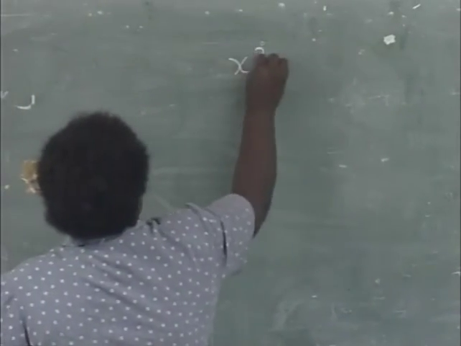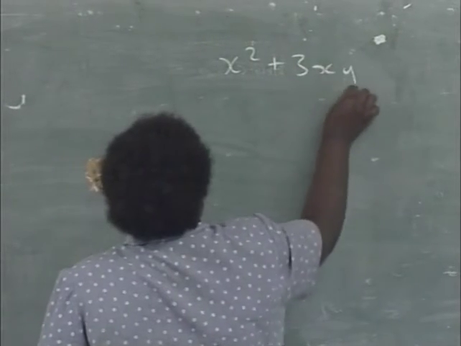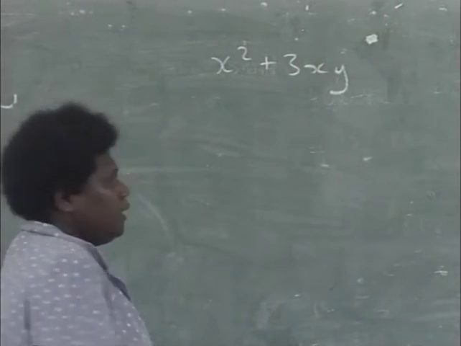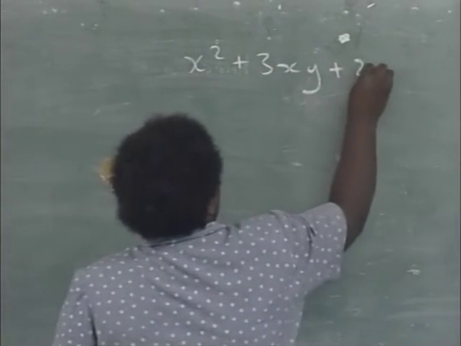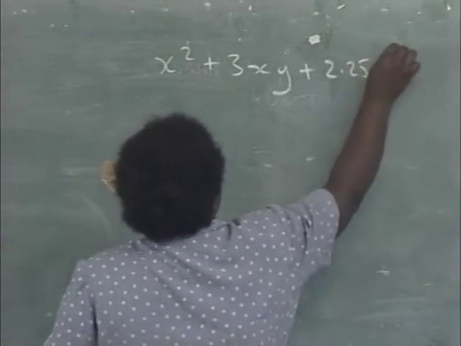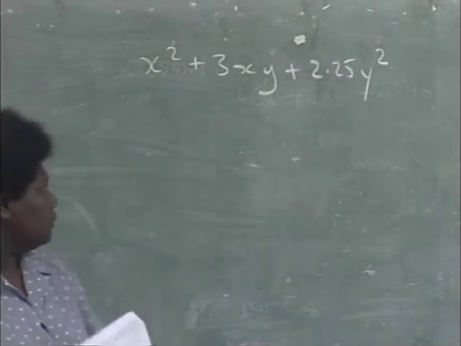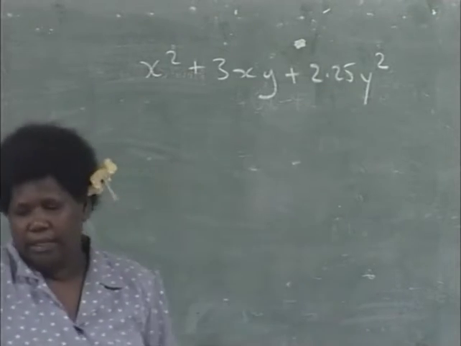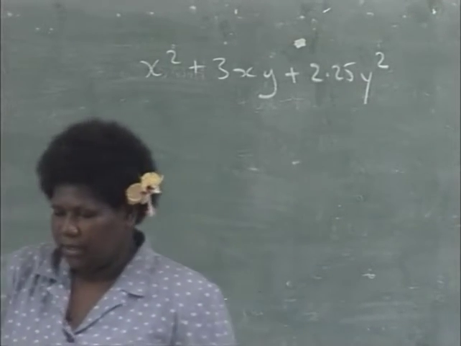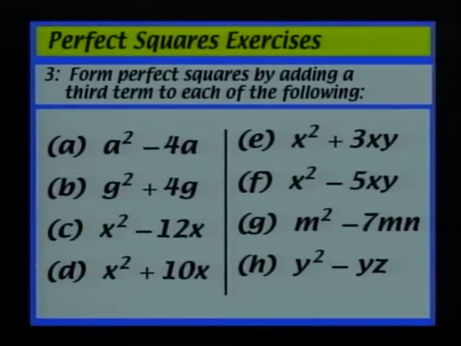Okay, good. Except that because you have two letters, 3xy, it will have to be 2.25 y squared. If you can't put it as a decimal, then you can leave it as a fraction. It doesn't matter.